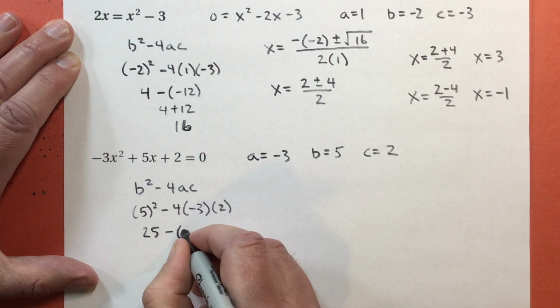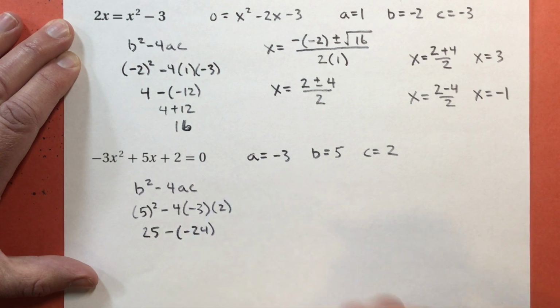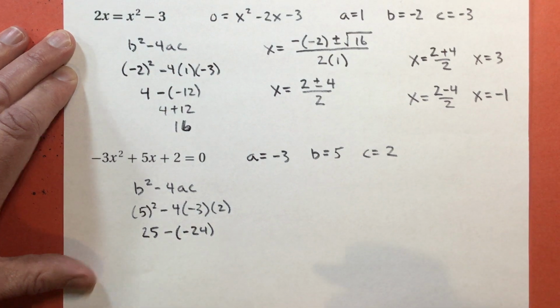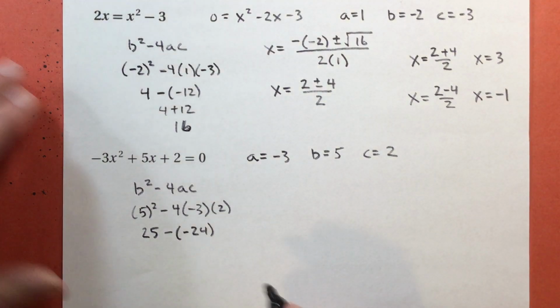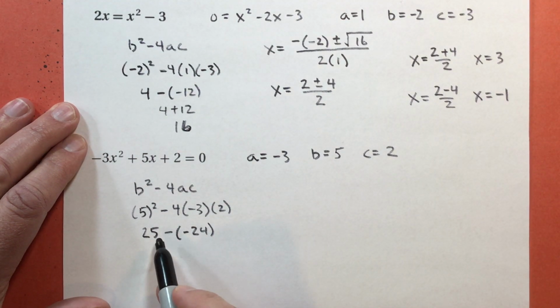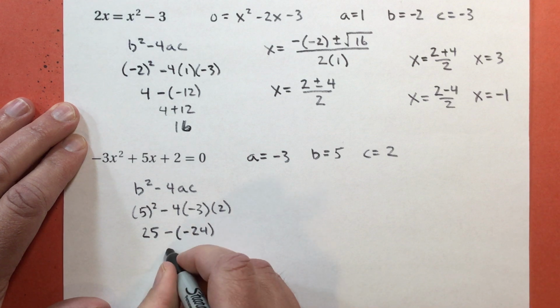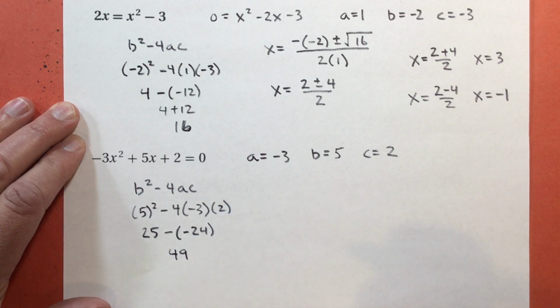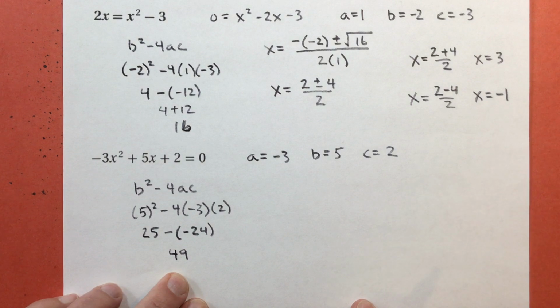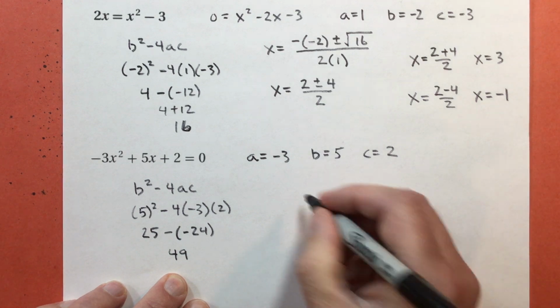So I'm going to subtract negative 24. And when I subtract, I add the opposite. 25 plus 24 equals 49. So there's 49 showing up again. And like I said, in this example, I'm going to end up with perfect squares just to make everything kind of nice.